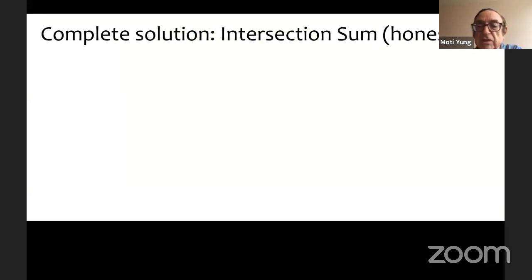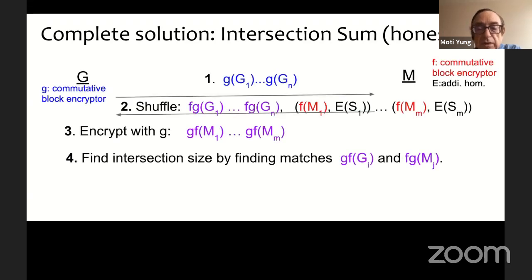Let's start with the honest but curious case. Assume the two parties are still G and M as before. They will change names soon. The first actual solution for this problem was based on commutative encryption.